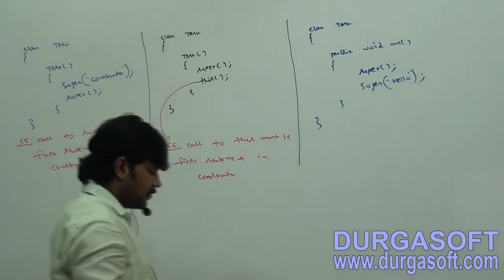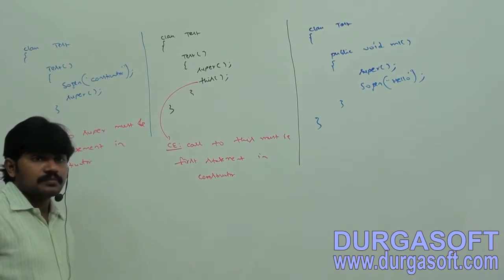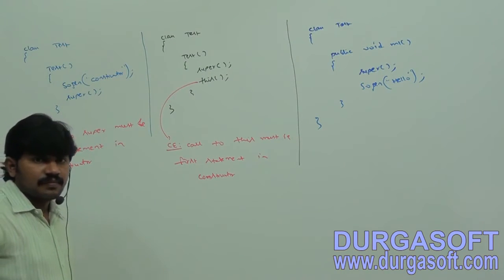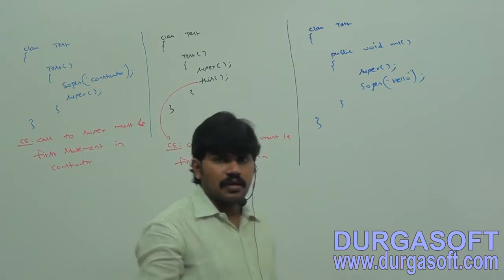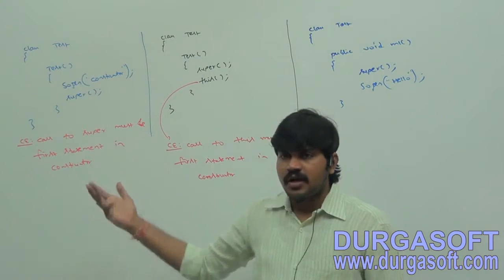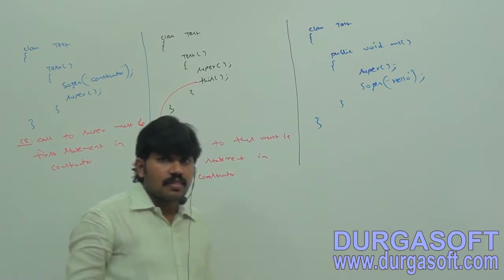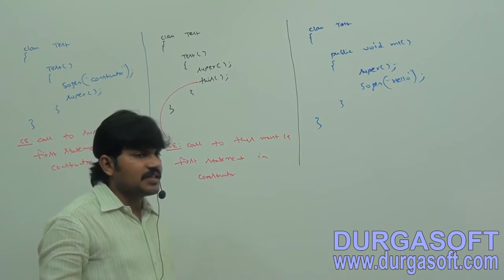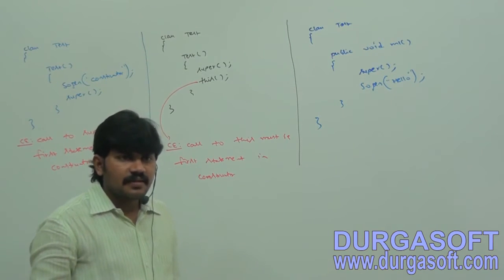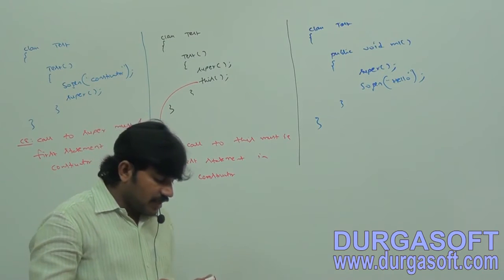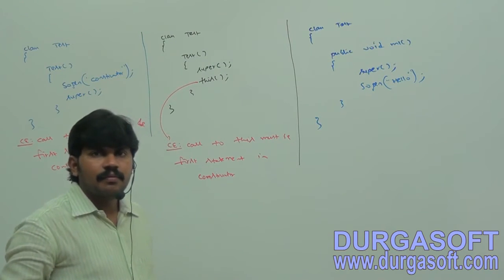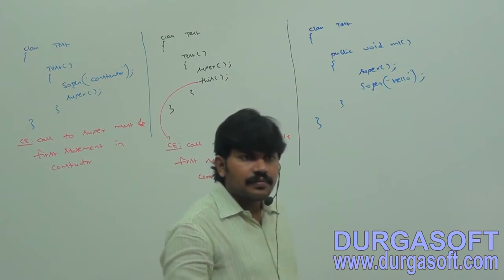Is it valid or not? The first two cases are invalid, so automatically the third one is also invalid. Valid or invalid? Invalid. Why?